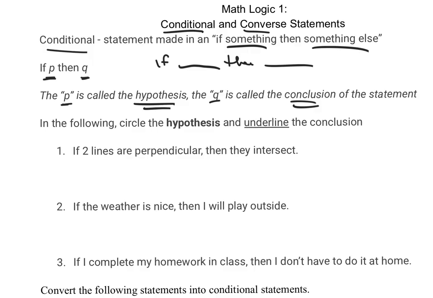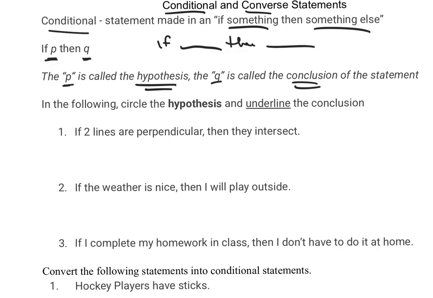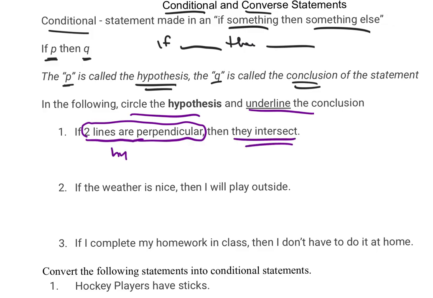So for number one, you want to circle the hypothesis and underline the conclusion. Two lines are perpendicular, then they intersect. So if this part, then this part. This would be my hypothesis, and this would be my conclusion.